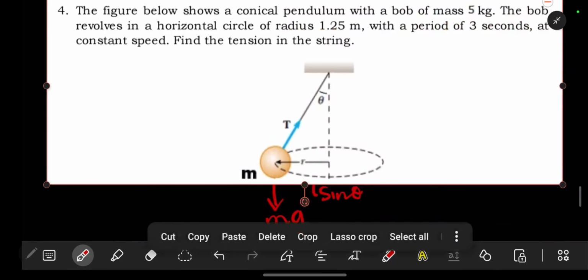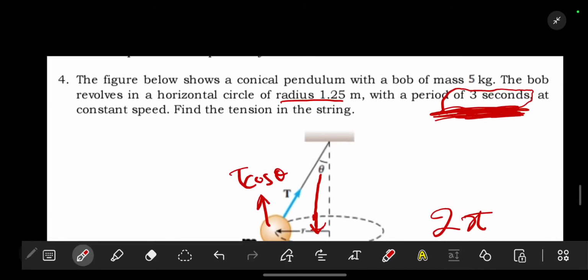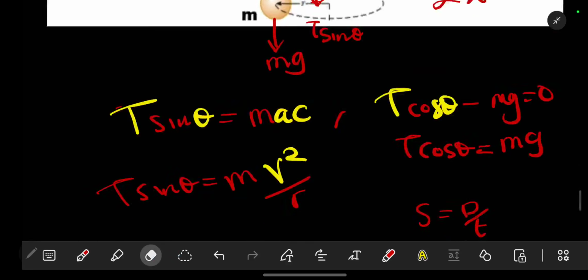If this was the distance, then we could have said it would be L sine of theta. But since it's not the distance, and remember, if it is just a horizontal circle without an angle, then we consider the length to be the radius.